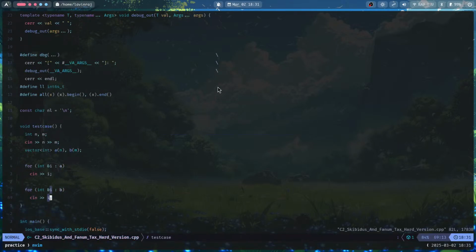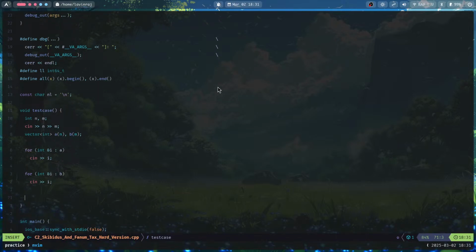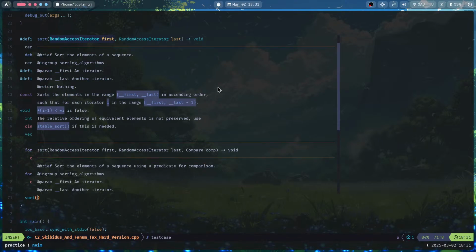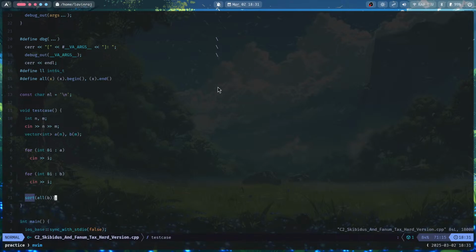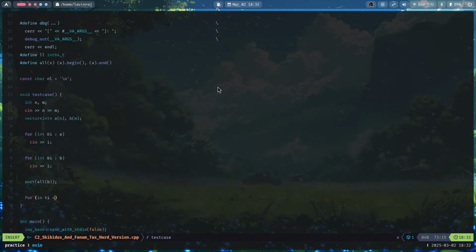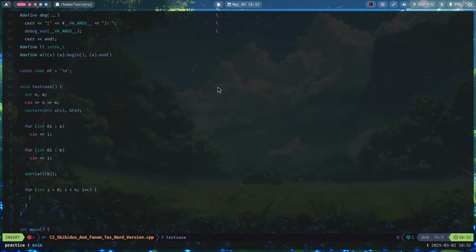After taking both the inputs, we just have to sort the array B, and let's traverse the array.